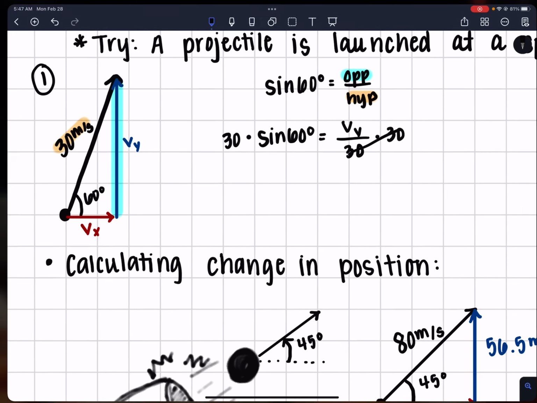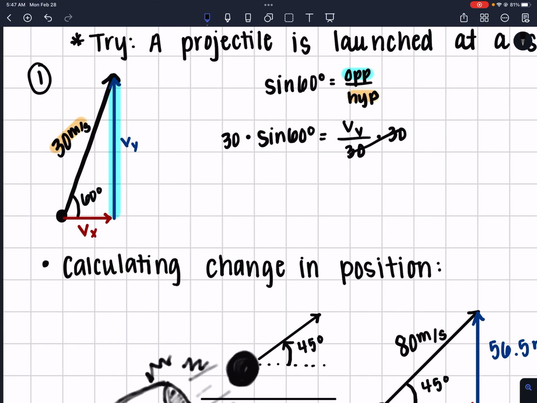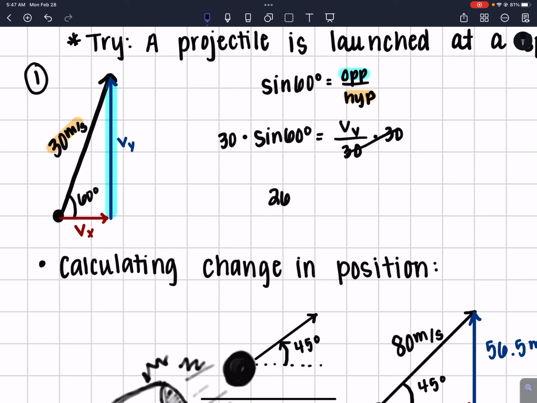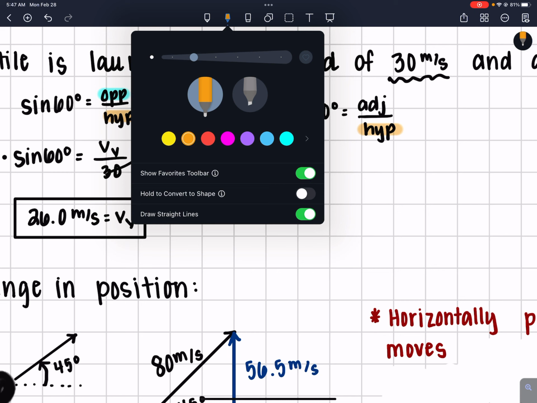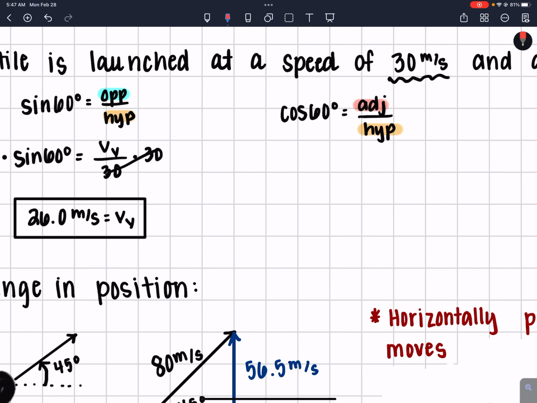So that's what I'm going to write. 26.0 meters per second ends up being my vertical speed. Now I'm going to use my cosine function. So I know cosine of 60 is going to equal my adjacent side divided by my hypotenuse. I know the hypotenuse is 30, and my adjacent side is my horizontal speed.